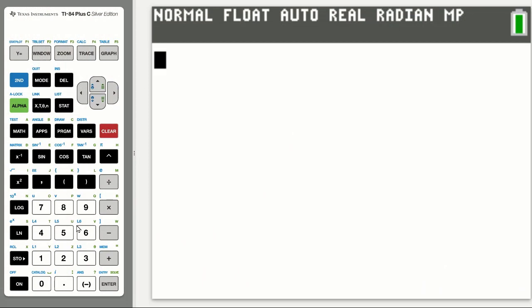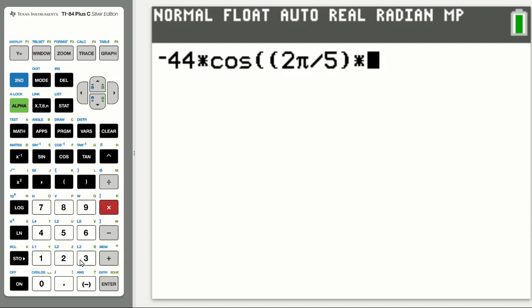Okay, and on my calculator, minus 44 times cosine in parentheses 2 pi over 5, close that parentheses, times 2, close another parentheses, plus 56.